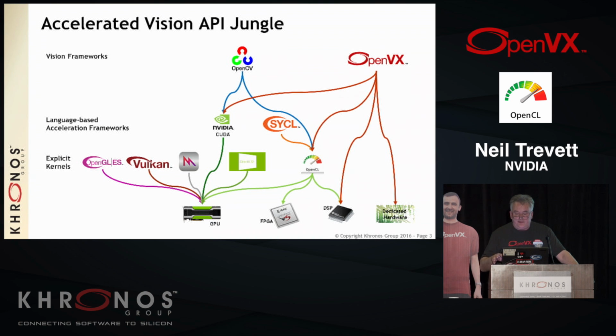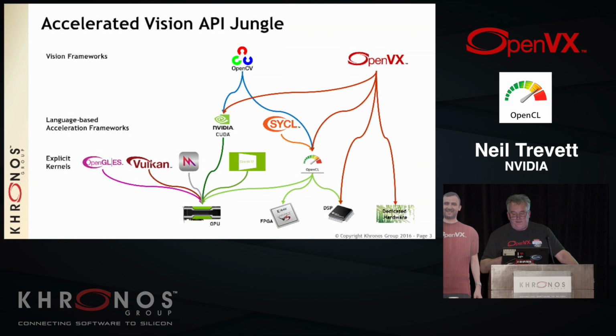In the Khronos ecosystem, we have OpenVX, and OpenCV and OpenVX are actually quite different. OpenCV is open source, while OpenVX is an API framework. The key thing about OpenVX is to enable portability across diverse hardware architectures.